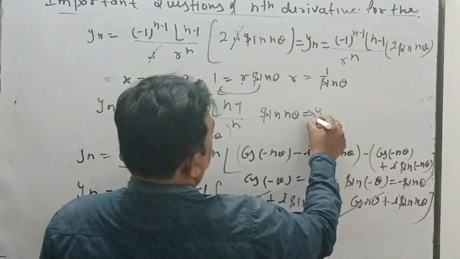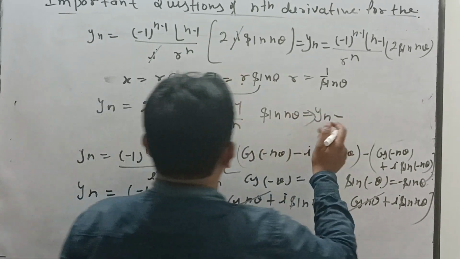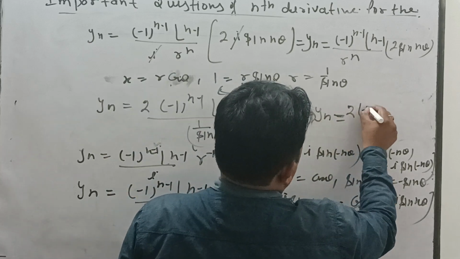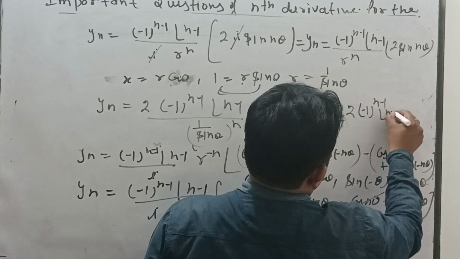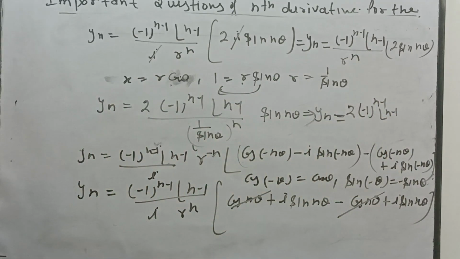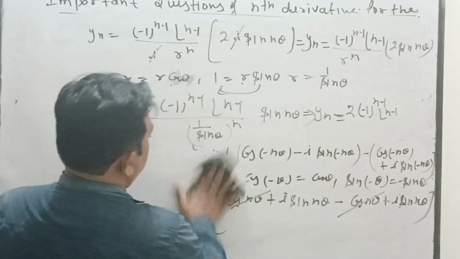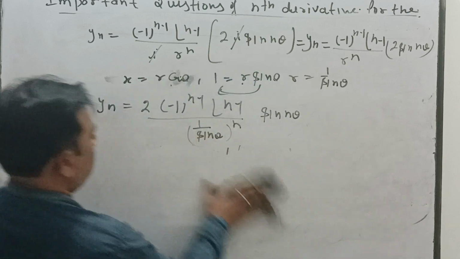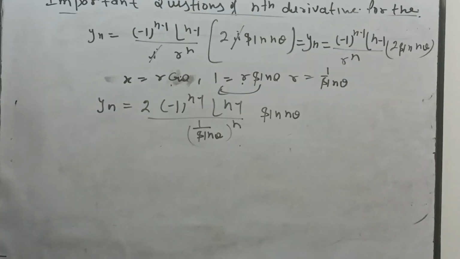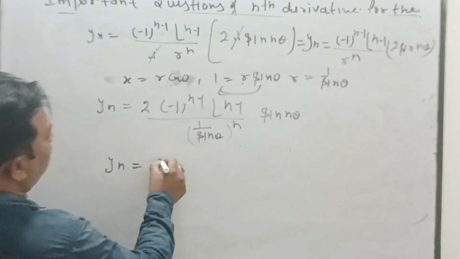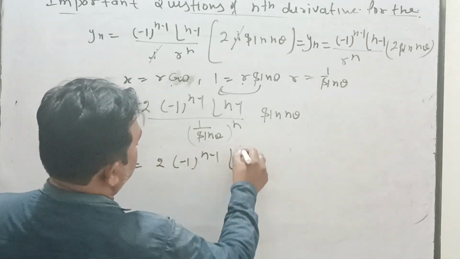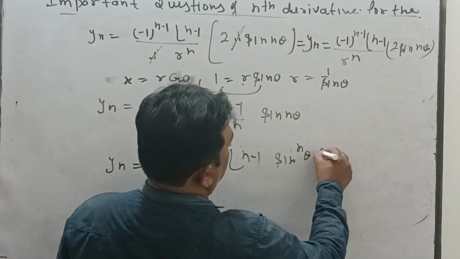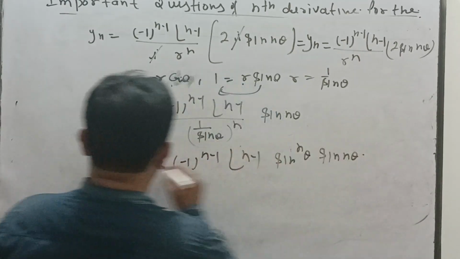This implies that y_n equals, taking out the common factors, 2 (-1)^(n-1) (n-1)! sin^n θ sin(nθ).